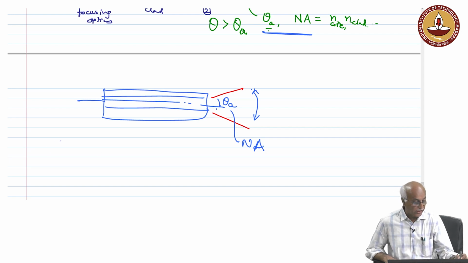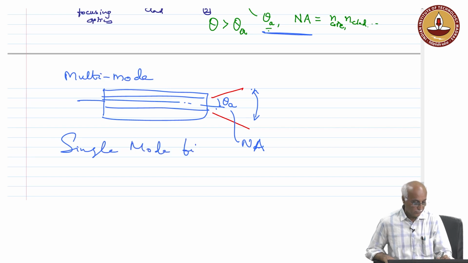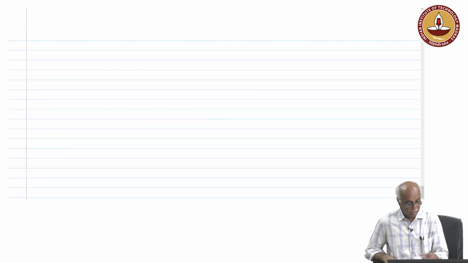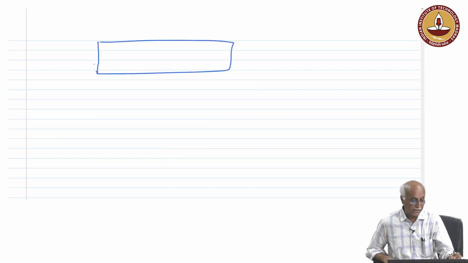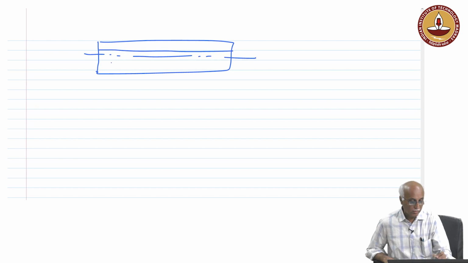However, in case of a single mode fiber, so this is again a case of a multimode fiber. In case of a single mode fiber, the coupling part, at the input end, the coupling end, so this is a core, this is a clad.